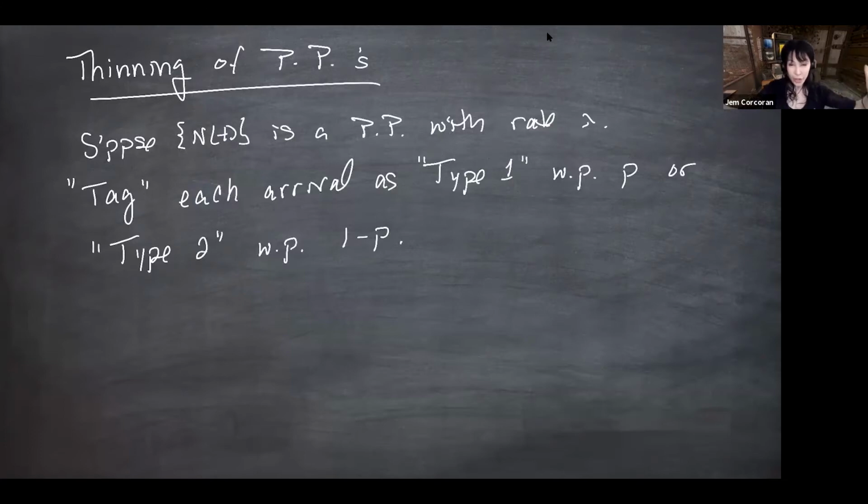We can easily have 3 or 4 or k, so we can have type 1 through type k, and then we'd have p1, p2 through pk, and all of those p's would have to add up to 1.